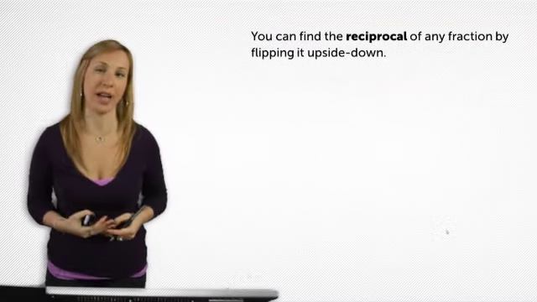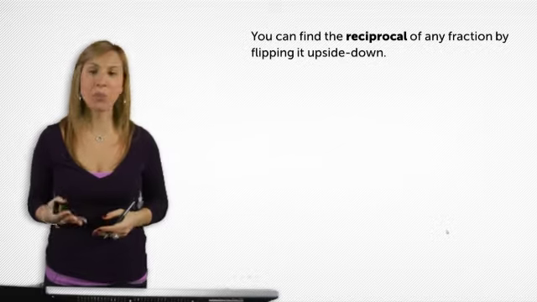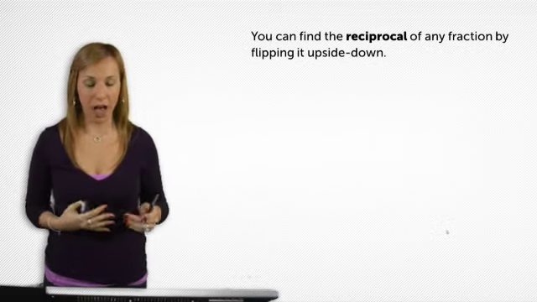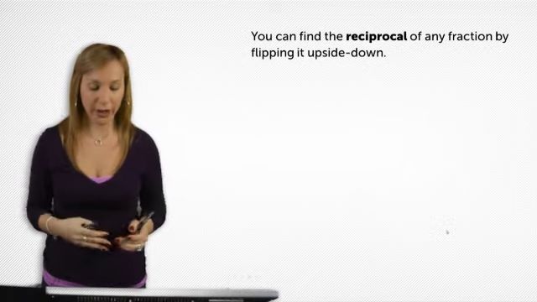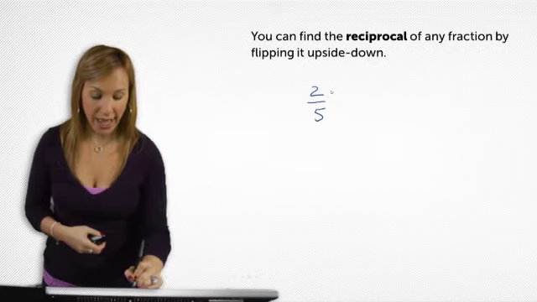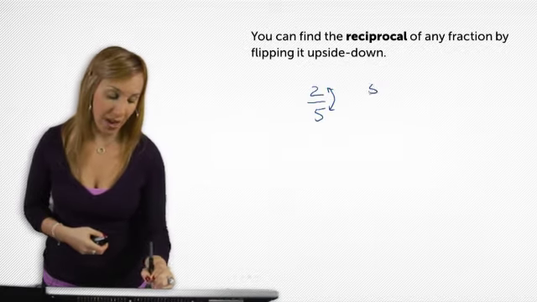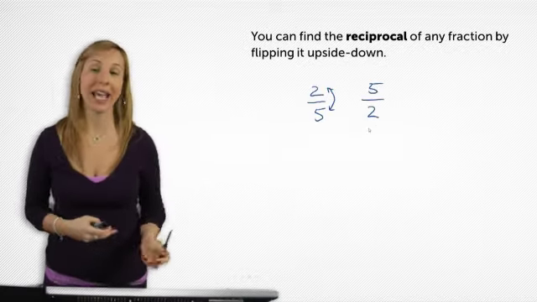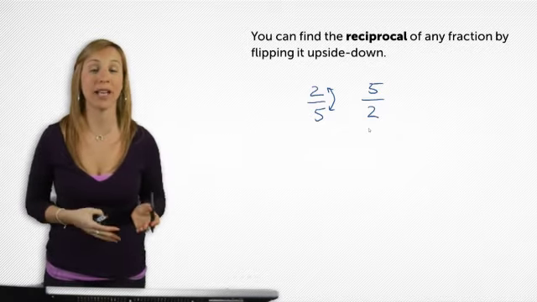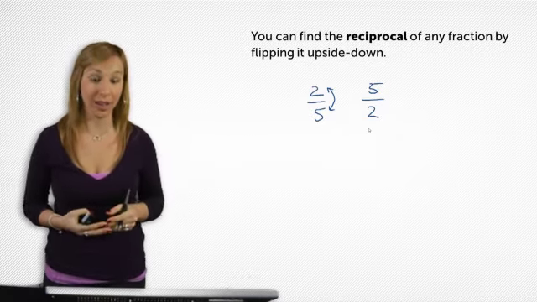So how do you find a reciprocal? Well, the reciprocal of any fraction is just found by flipping that fraction upside down, by flipping the numerator and the denominator. If I have 2 over 5 and I flip these two numbers, 5 over 2 is the reciprocal of 2 over 5. I know that they're reciprocals because multiplied together they give me 1.